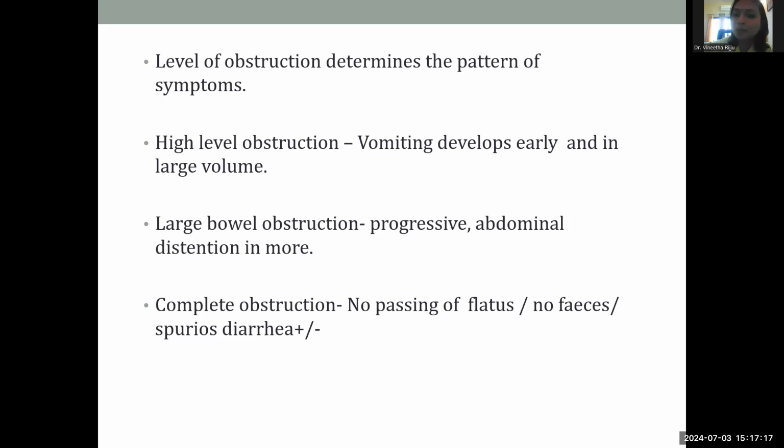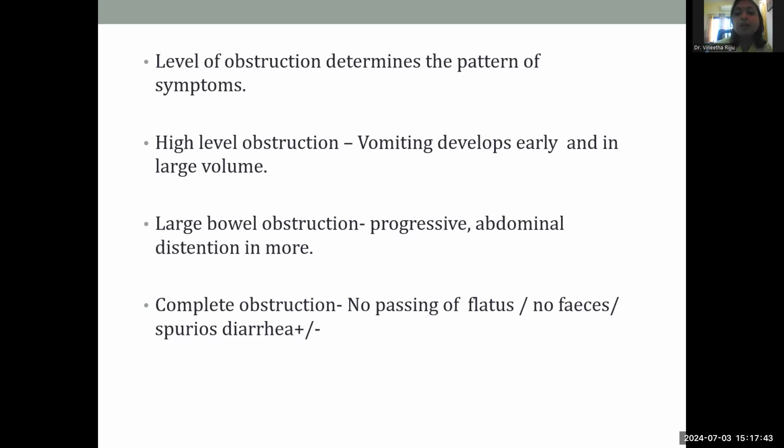Now, large bowel obstruction is rather progressive. They may give you a history of constipation and abdominal distension more rather than the nausea and vomiting. Nausea is there, but the vomiting is more profound in small bowel obstructions. Now, when there is complete obstruction, there is no flatus that is passed or no fecal mass.